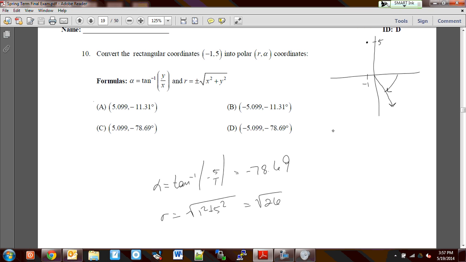All right. Now, if we do a positive radius, what that means is since our angle is in the fourth quadrant, when we start at the origin, we're going to go square root of 26 in the direction of our angle that we just found here. So which means our point is going to be down here. But we want our point up here. Okay, we want our point up here.